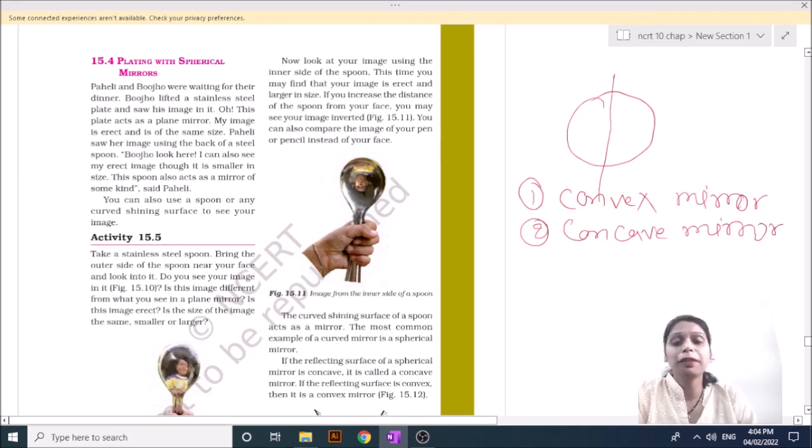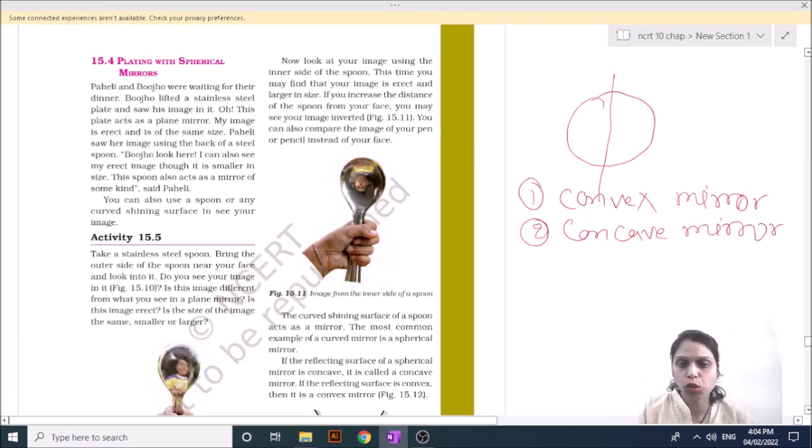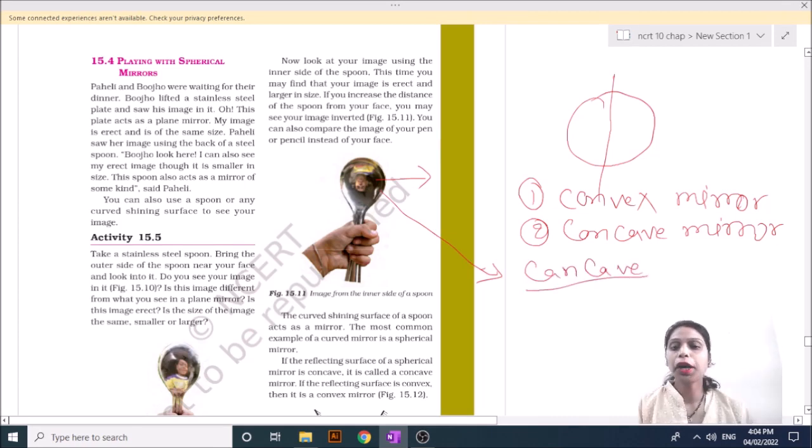Actually, what happens when you take a stainless steel spoon? The curved area is concave, meaning it is a curved area. That's why it is called a concave.